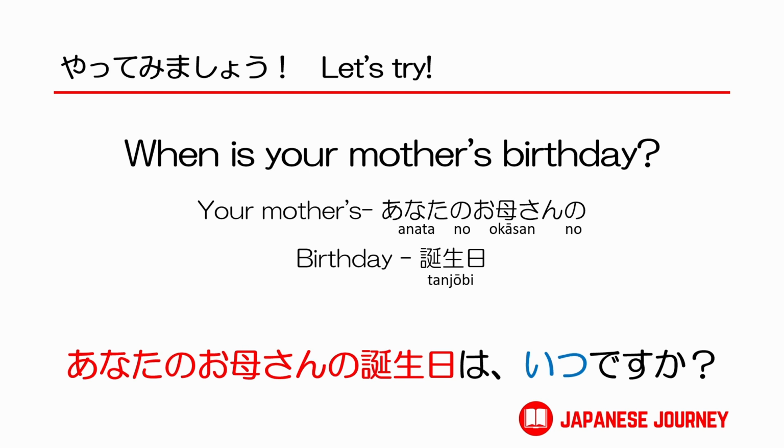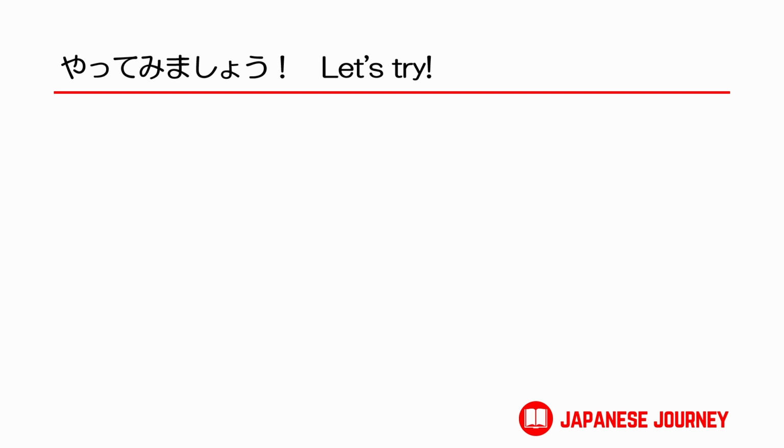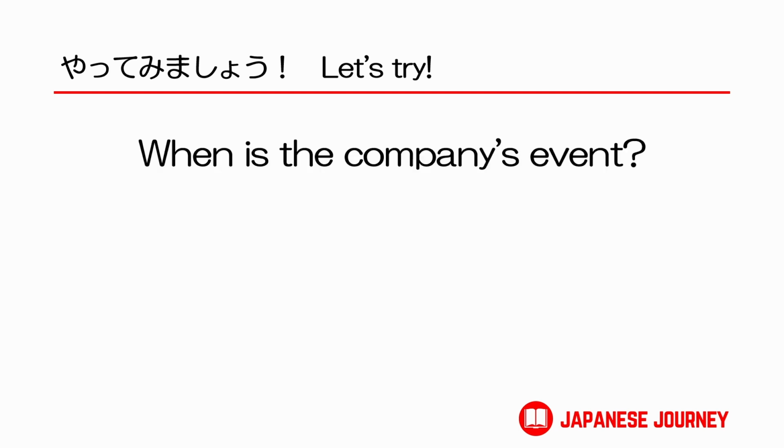I would like you to write your answer to this question in the comment section below. When is your mother's birthday? あなたのお母さんの誕生日はいつですか? Next practice. How do you ask, when is the company's event?